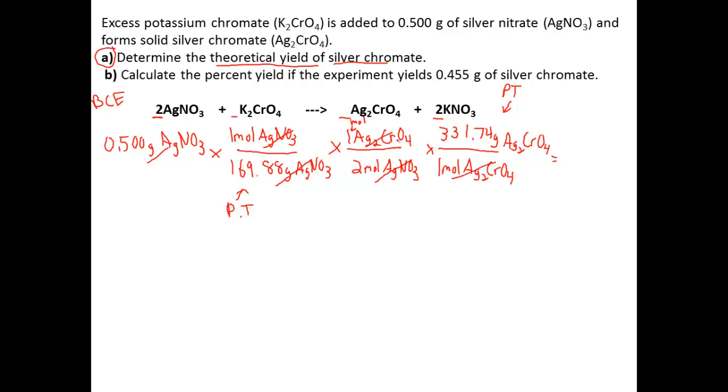Moles cancel moles, and we're left with forming about 0.488 grams of silver chromate. Now this is our theoretical yield.